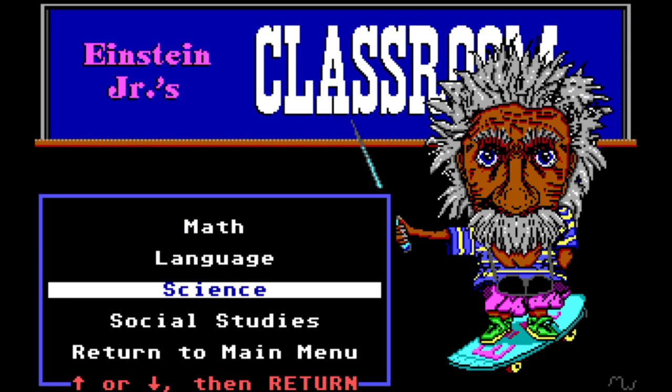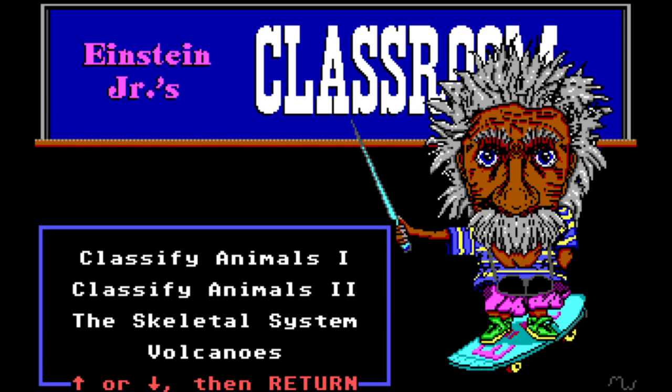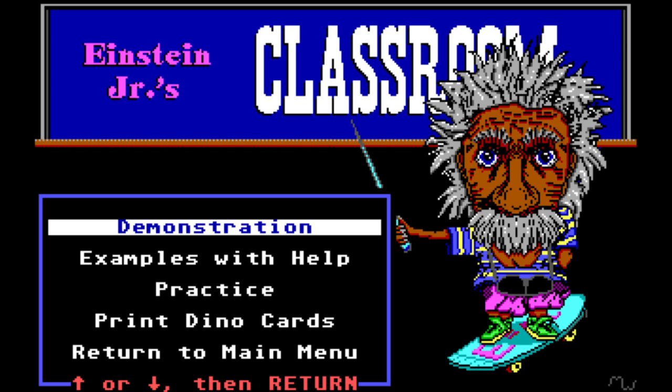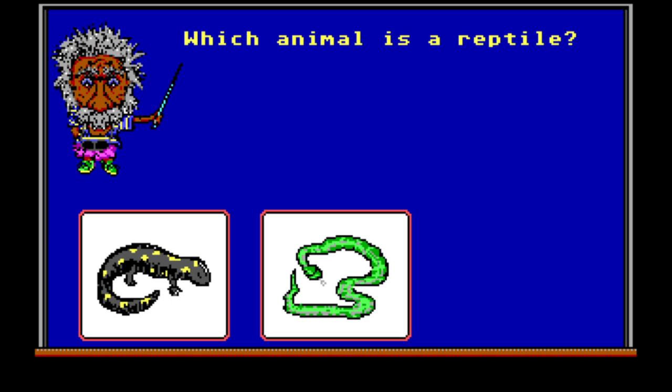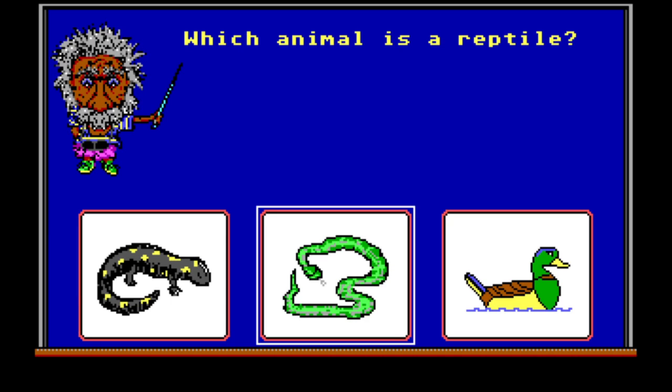Okay, next up is science. 2 levels of classify animals. Alright, let's have a little fun. Straight up reptile would be on snake.